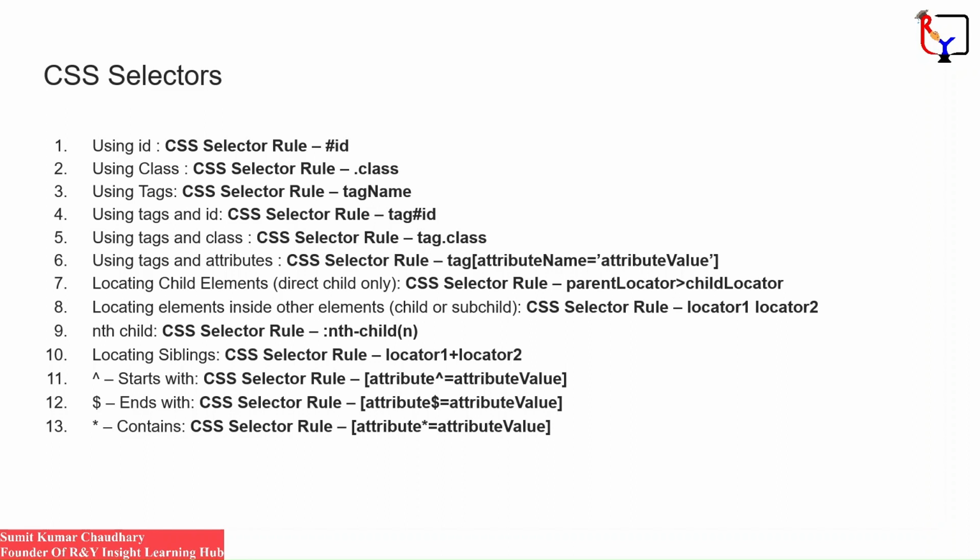In CSS locators we have many different ways to handle the CSS selector: using ID, using class, using tag and ID, using tag and class, using tag and attribute, locating a child element, locating an element inside another element, child or subchild, nth child, locating sublinks, and starts with, ends with, contains, and so many ways.